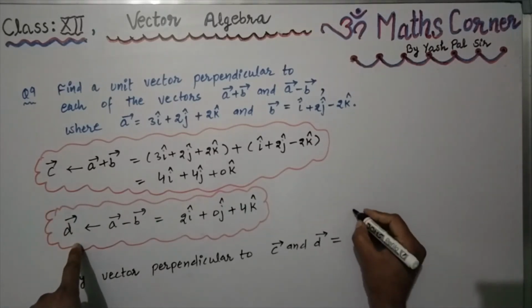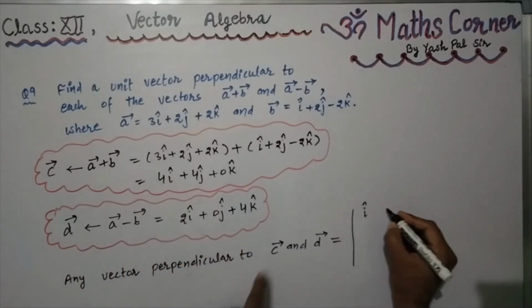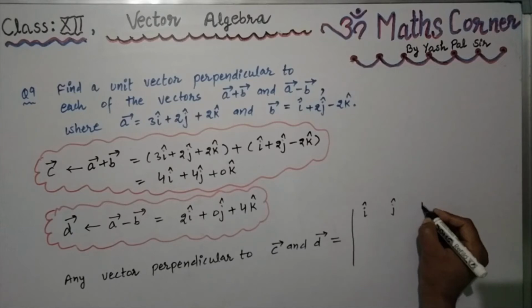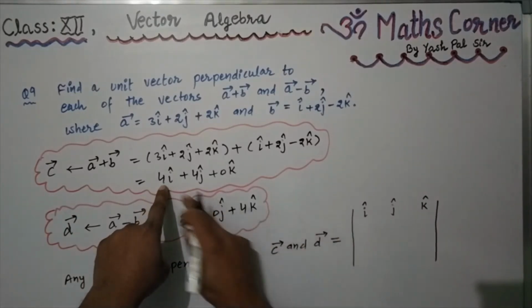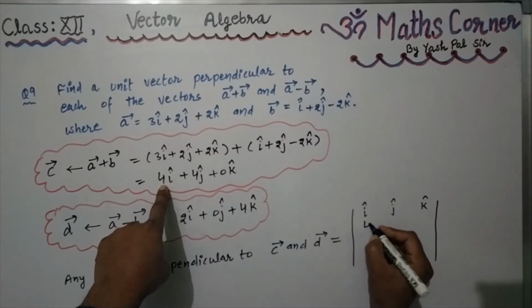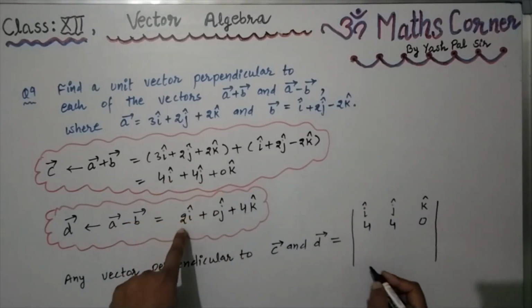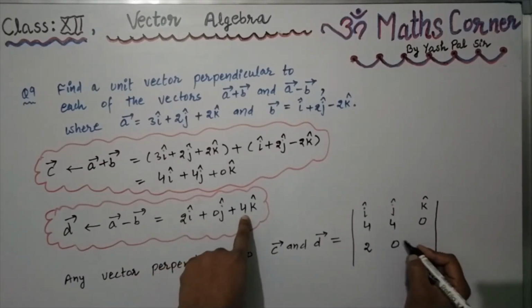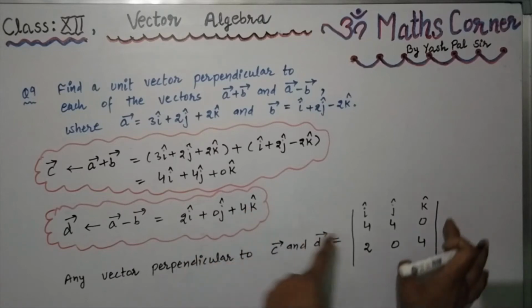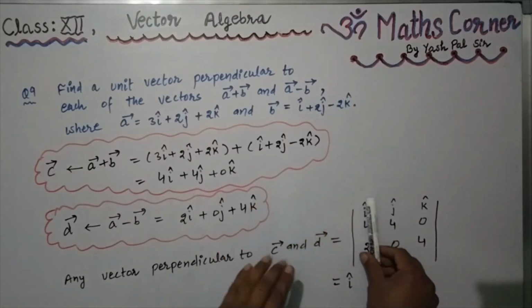So we write any vector perpendicular to vector C and vector D as this, writing i, j, k in a determinant symbol. I coefficient is 4, j coefficient is 4, k coefficient is 0. Here i coefficient is 2, j coefficient is 0, k coefficient is 4.